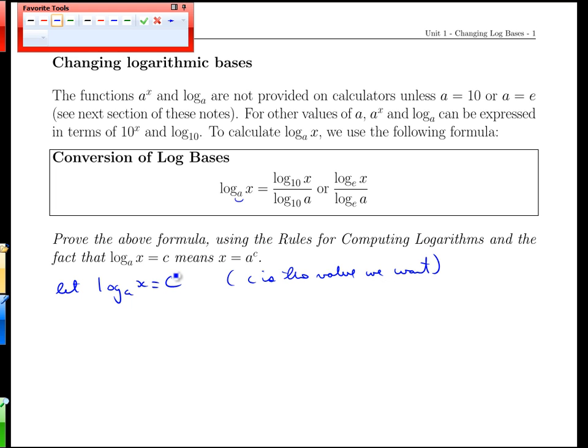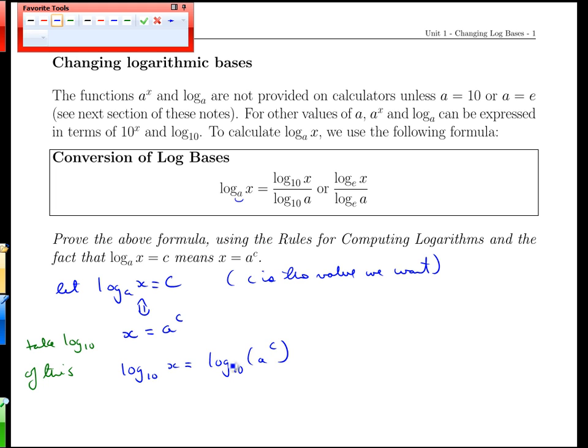We want to find that value, but we can't find it immediately, but at least we can recast this as x is equal to a to the c, courtesy of our relationship between the log and the exponent versions. What we can do next is, let's take log base 10 of both sides of this new equation. What will that give us? It'll give us log base 10 of x is equal to log base 10 of a to the c.